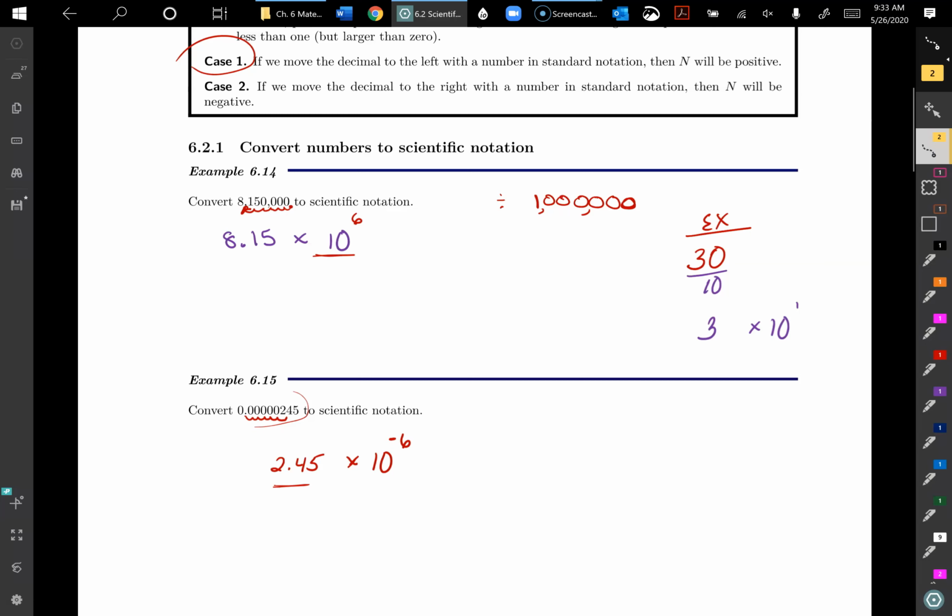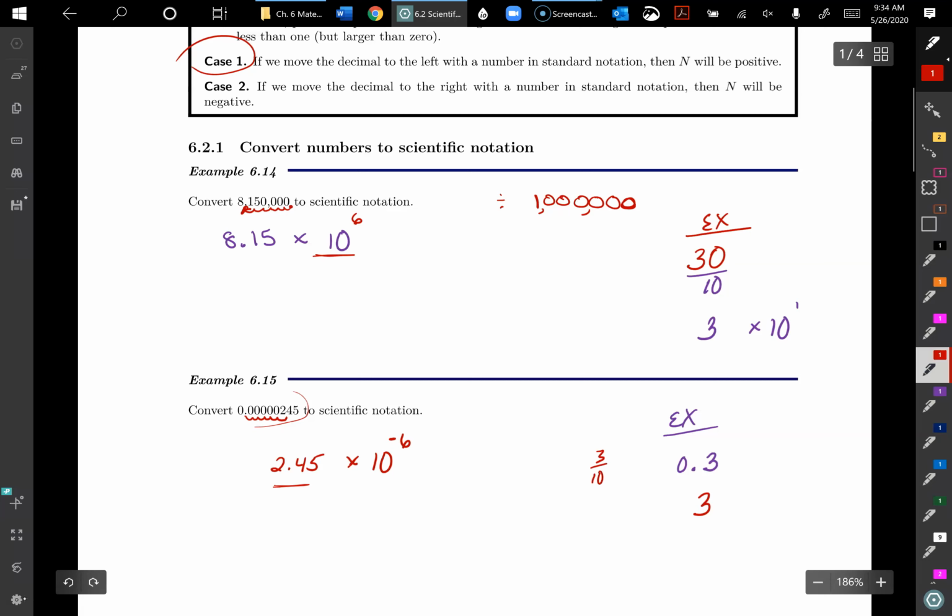So again, I'll show you a little side example with an easier number. So I guess we'll stick with 3 here. If I have 0.3, that's 3/10, right? But I want to put that in scientific notation, and 0.3 is below 1, so we can't have that. We need to actually write it as 3. And in order to get 3/10 to equal 3, I need to multiply by 10, right?